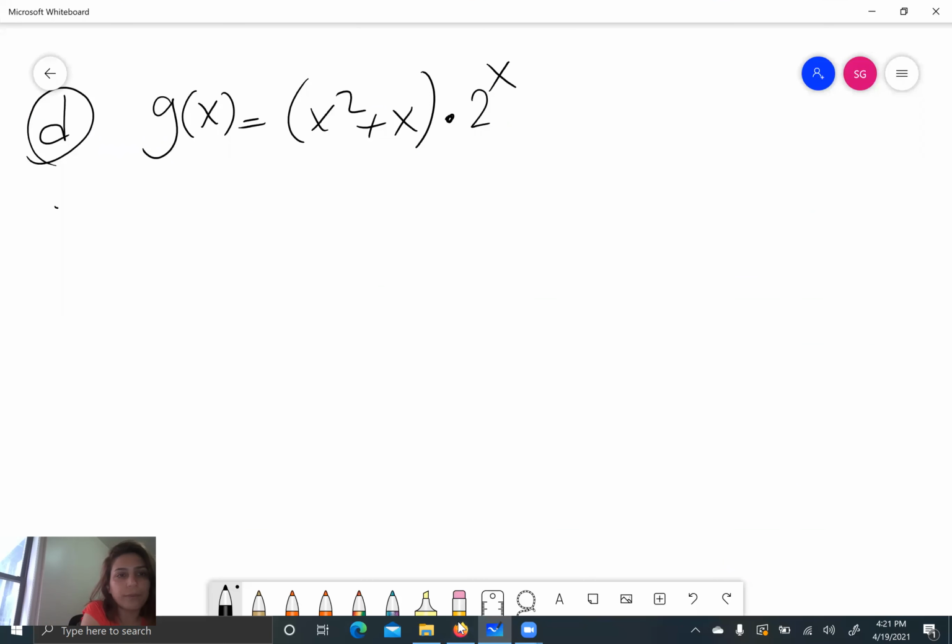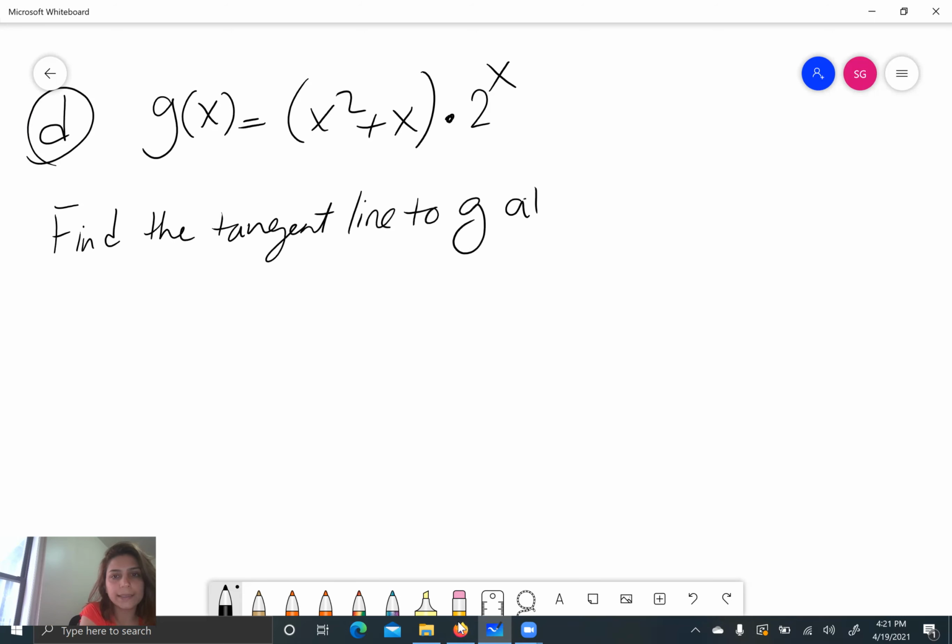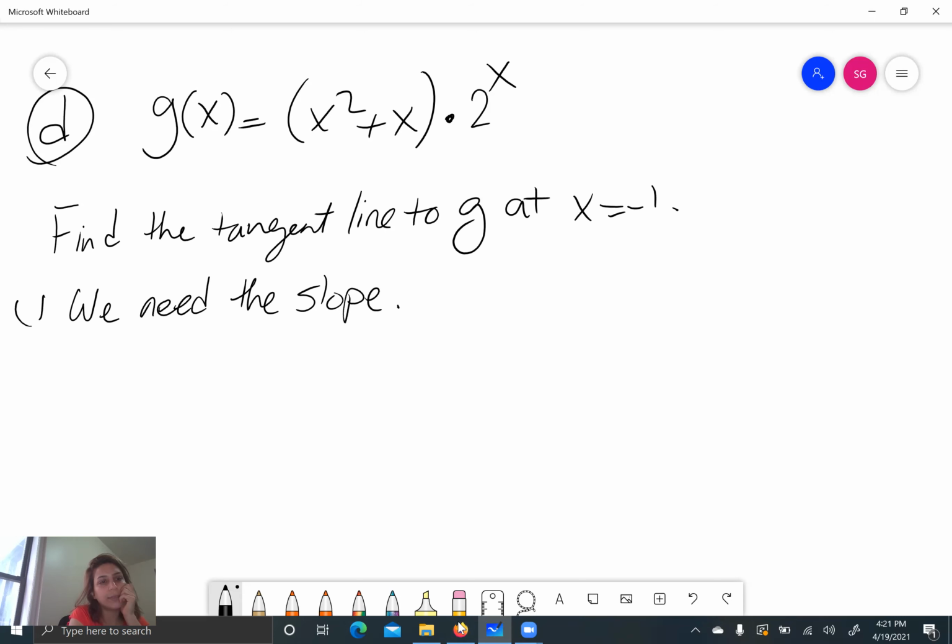So find the tangent line to the graph of g at x equal -1. You know that when we want to find the equation of a line, we need a slope. First, we need the slope. Second, we need the y-intercept.